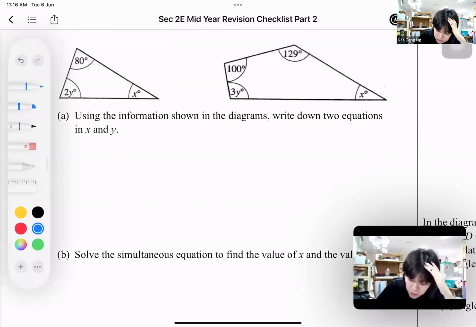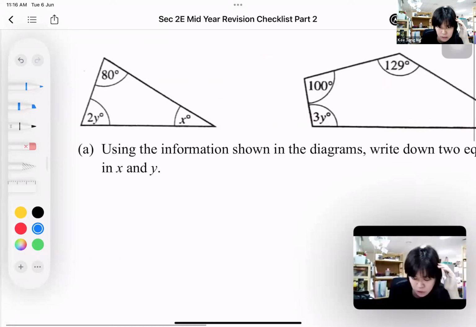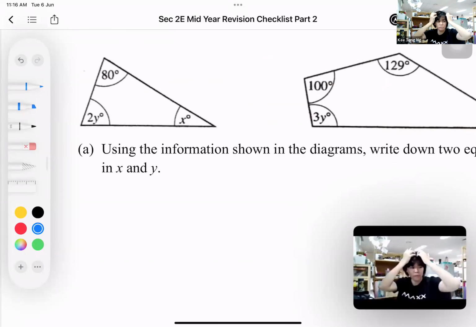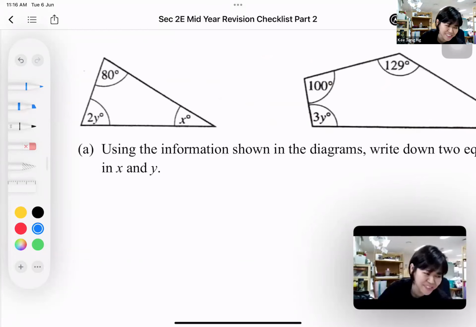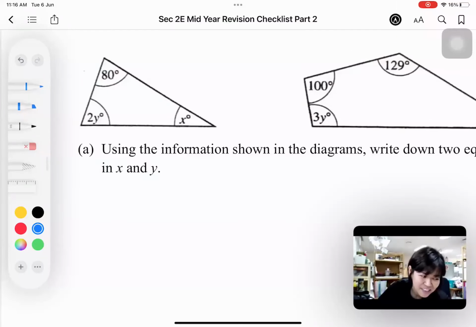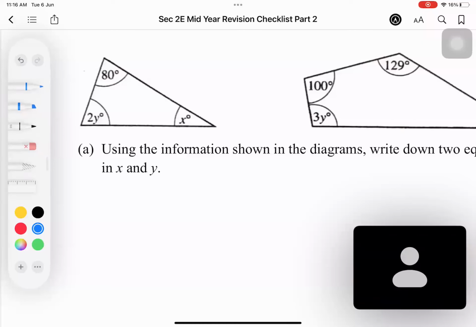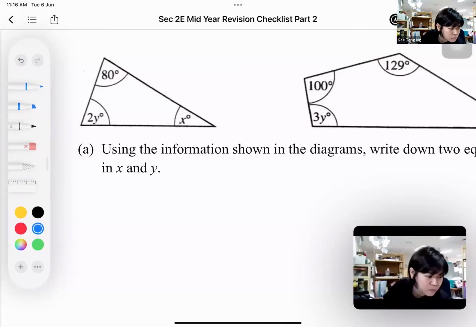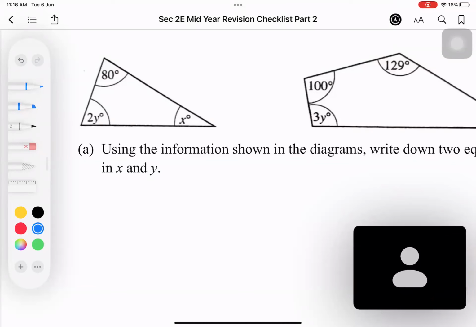Right? So using this information, write down two equations. The first one, anyone can form an equation for me in the first diagram? Maybe I'll call Jiwei. How can I link all the three angles together? 2y plus x plus 80 equals 180.